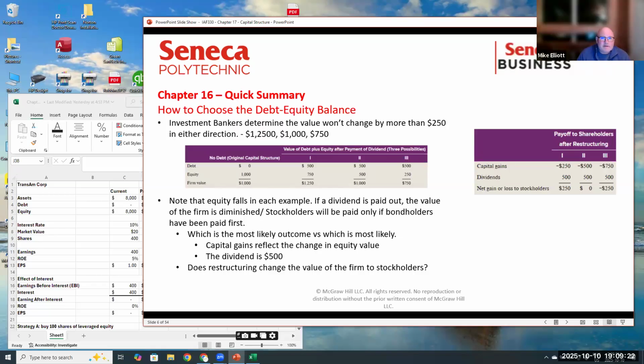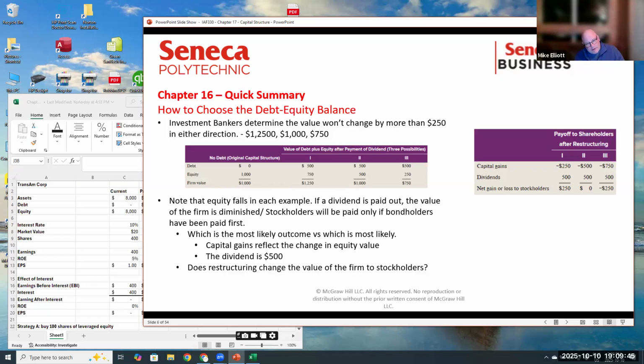Another possible outcome is we borrowed the money, our stock went up, and then we distributed the $500, took that out of our new higher equity model, and we're left with $750 in equity. So in that case, our firm went up by $250.